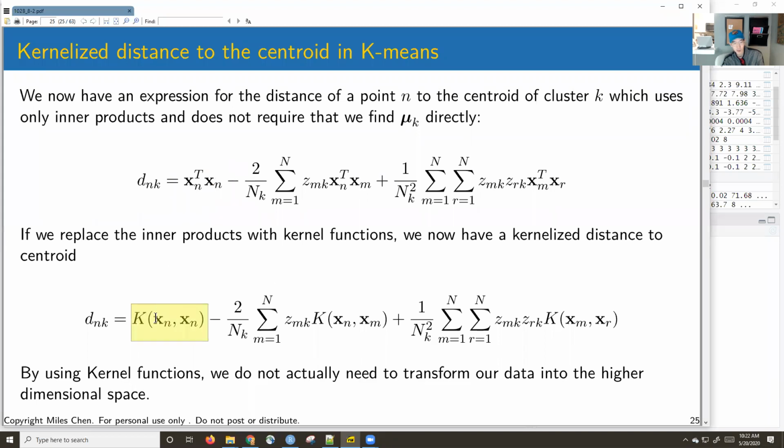So I've got the kernel function of xn to xn, the kernel function of xn to xm, and the kernel function of xm to xr. So we're going to replace all of these inner products with the kernel functions. And so now this is the kernelized distance to the centroid.